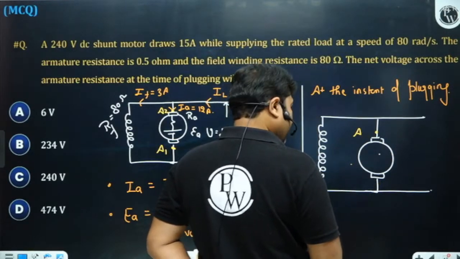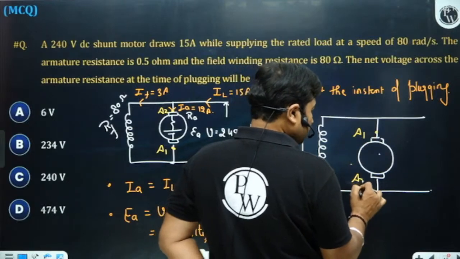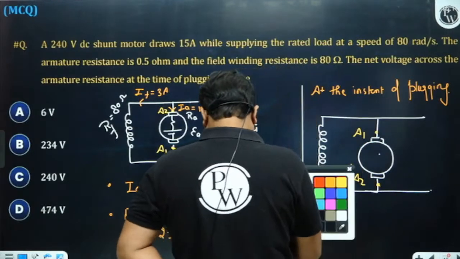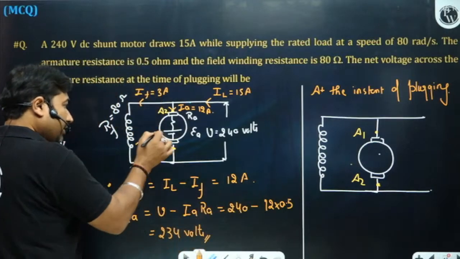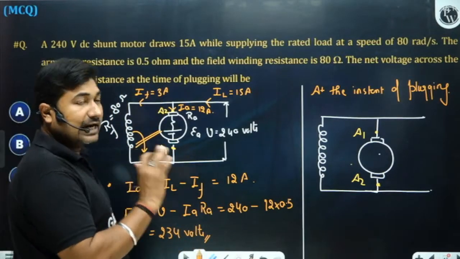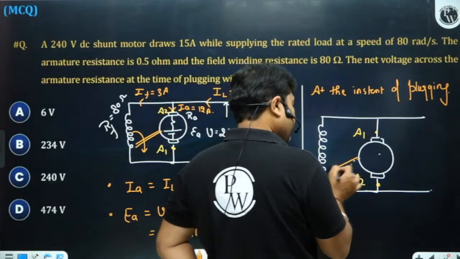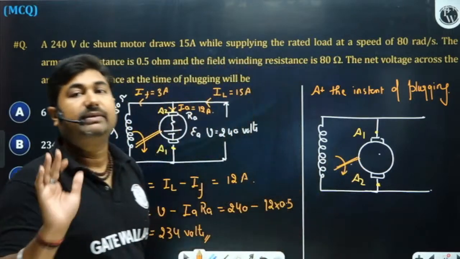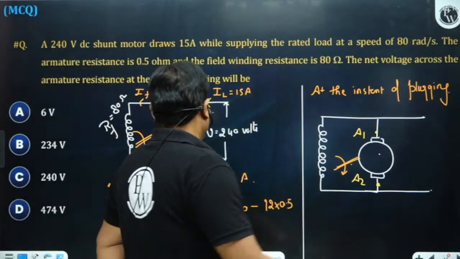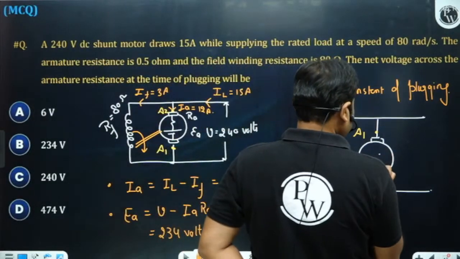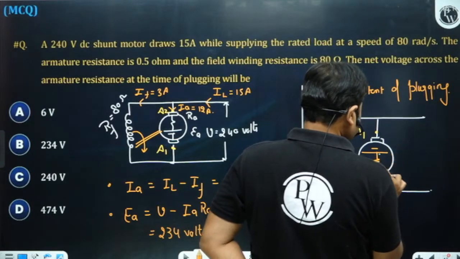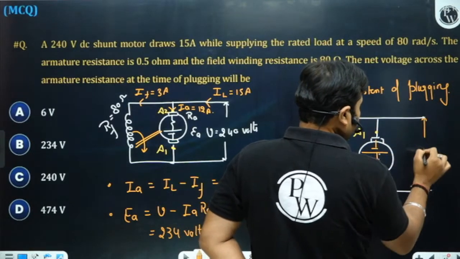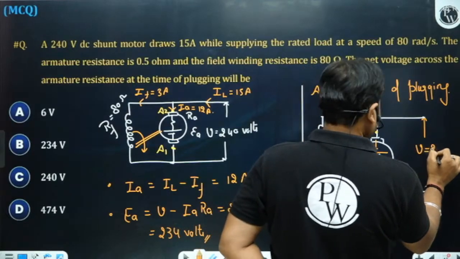In the case of plugging, armature terminals are reversed. However, at the instant of plugging, the speed and direction of rotation will remain the same. It means the polarity of induced EMF will remain the same. A2 is with positive polarity and A1 is with negative polarity. Voltage applied will be 240 volts.